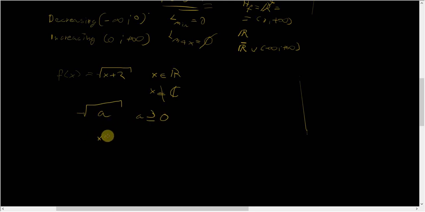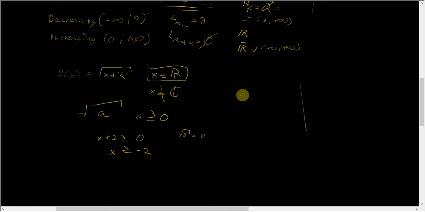So x plus 2 needs to be greater or equal to 0. X has to be greater or equal to minus 2. If you plug in the number minus 2, you see that we will have the square root of 0, which is basically 0. If we plugged in minus 3, we'd have minus 1, which we cannot solve in the domain of real numbers. We would have to switch to complex numbers.